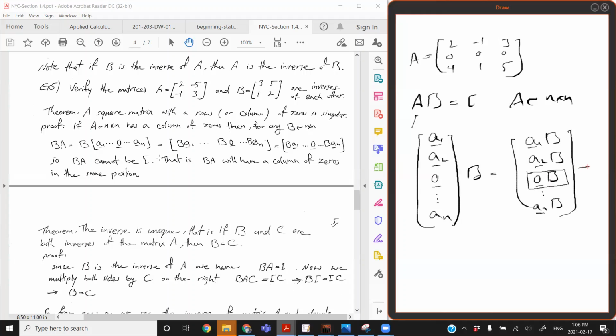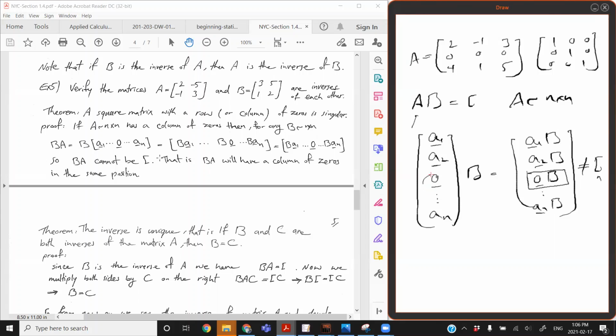Then automatically this cannot be I, because the identity matrix that is n by n cannot have a row of zeros. We know that the identity matrix that's, for example, 3 by 3 is this one. It has 3 leading ones and it doesn't have a row of zeros.